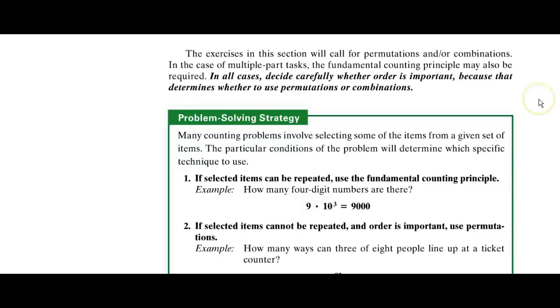And in these, again, as you read them, you will be making a decision whether you're going to use permutation and/or combinations, and may also reflect on what we did earlier, the fundamental counting principles. So in all cases, decide carefully whether order is important. Once you decide whether order is important, that will determine whether you're going to use permutation or combinations.